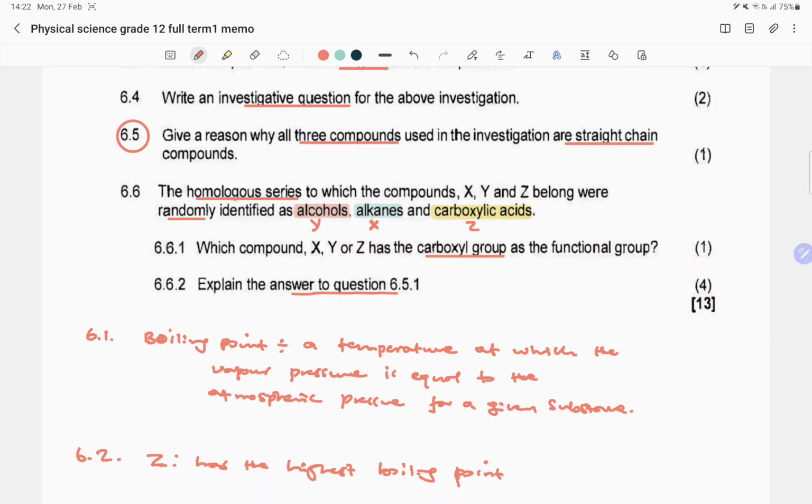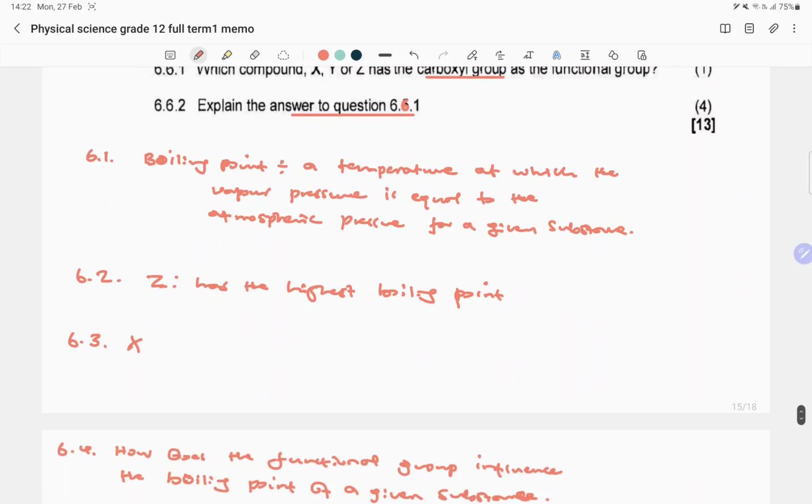Now explain the answer in question 6.5.1. I mean, they probably meant to say 6.6.1. Why are you choosing Z?